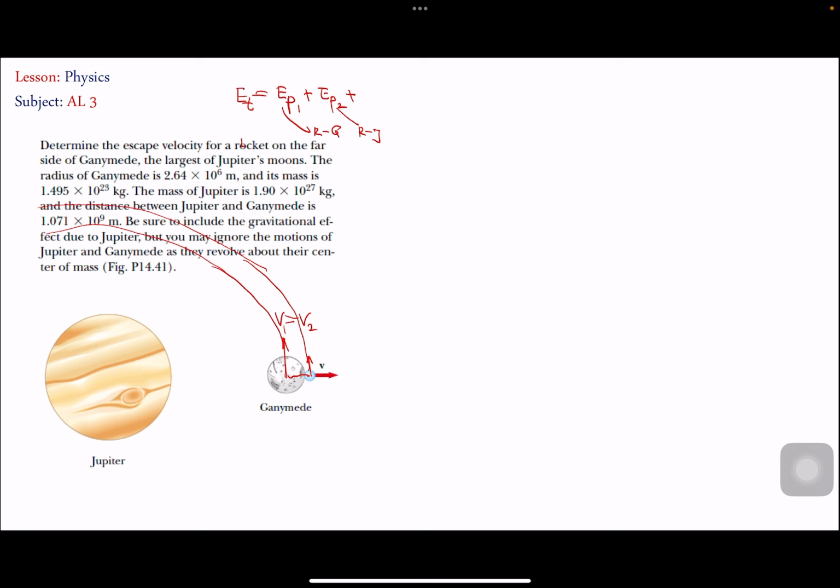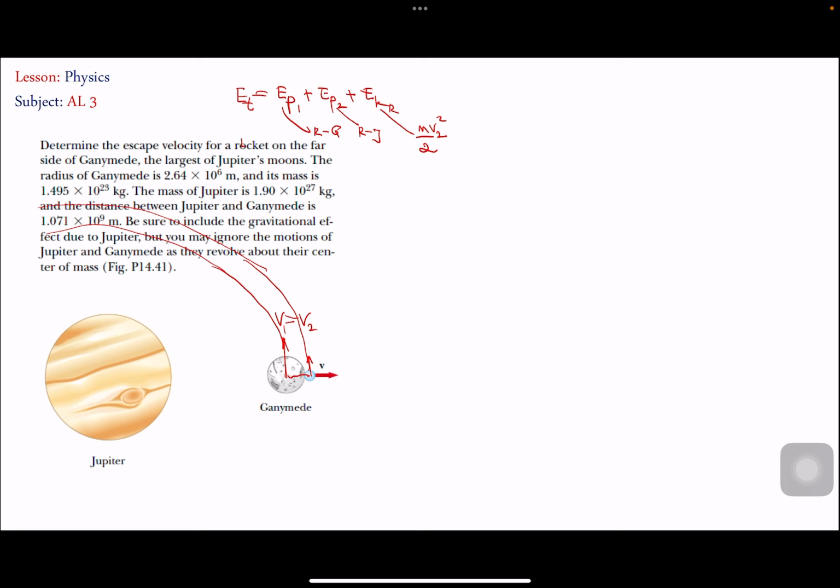You may calculate it, so that will be the kinetic energy of the rocket, that is m of this rocket, v2 square over 2. So you may calculate it also.